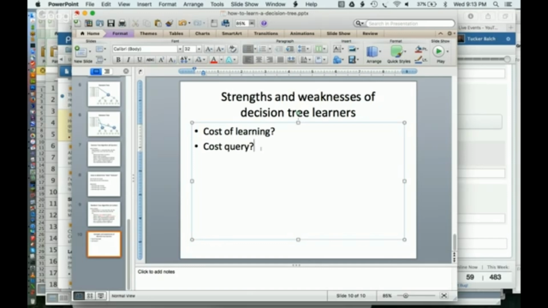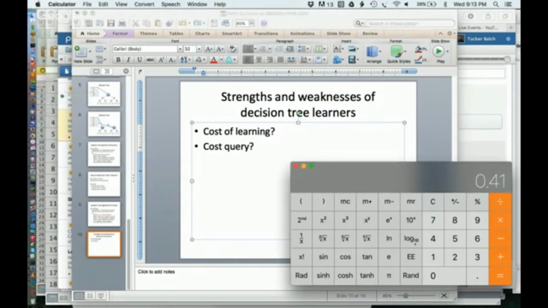Decision trees, again, are somewhere in between. The beauty of them is because they are binary trees for, say, 1,000 elements, on average, you only have to ask, I know Pat calculated it for me, whatever log base 2 of 1,000 is. I don't have log base 2 here.